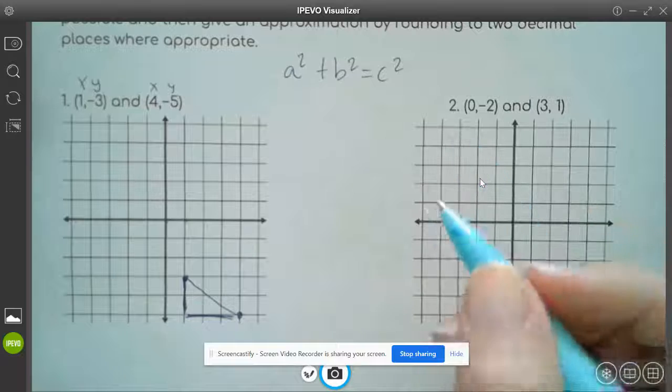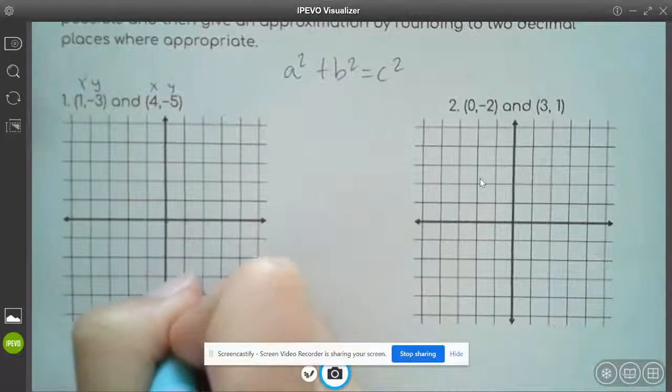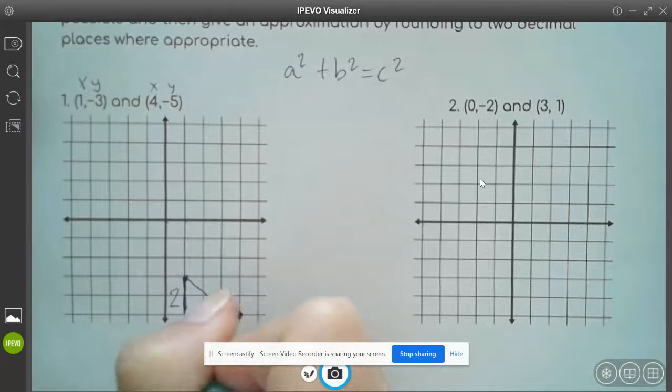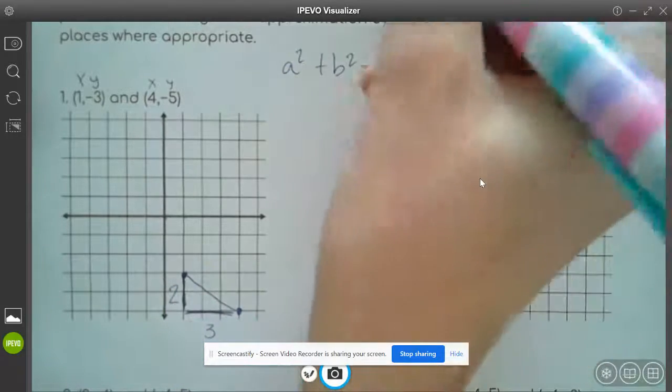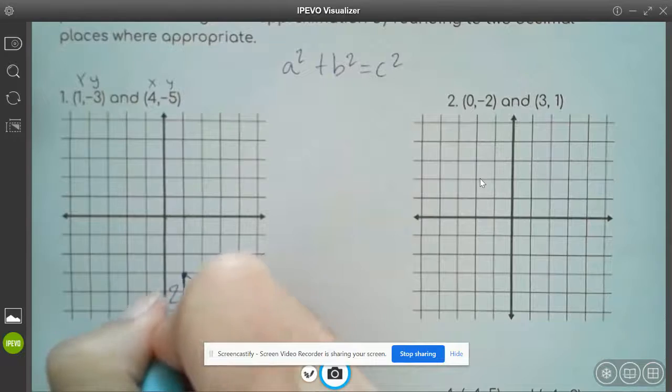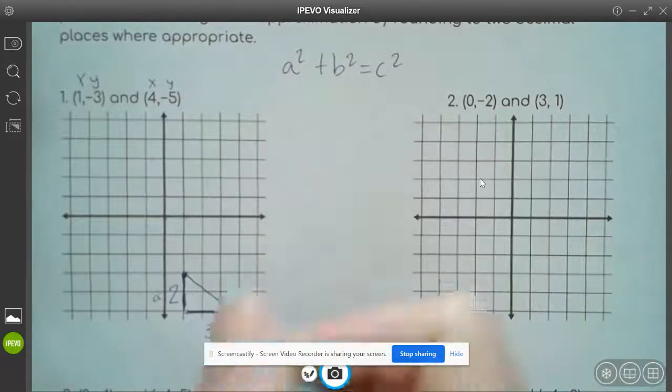Notice it forms a triangle. So let's do that. So that's 2 units here. And then we have 3 units here, right? Now, it doesn't matter if you go down or up, there's still 2 units, because when you square a negative number, you get a positive number. So you just have to count the units, okay? So 2 and then 3. All right, so this could be A, this could be B, it doesn't really matter.